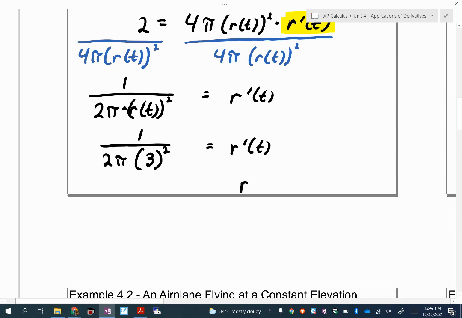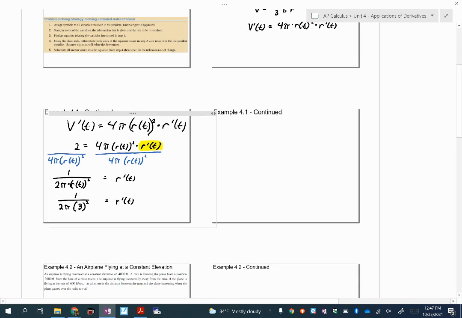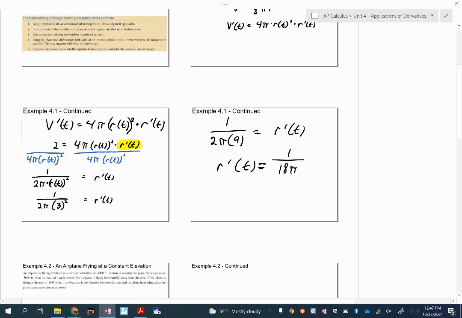I'll move to the other side here. 1 over 2 pi times 9 equals r prime of t. I'm going to find out that my radius is changing with units of 1 over 18 pi centimeters per second.